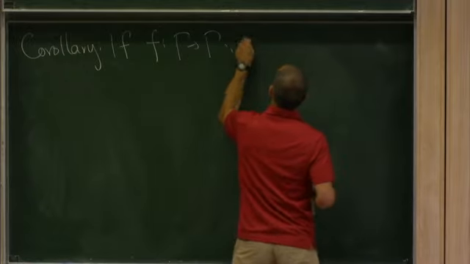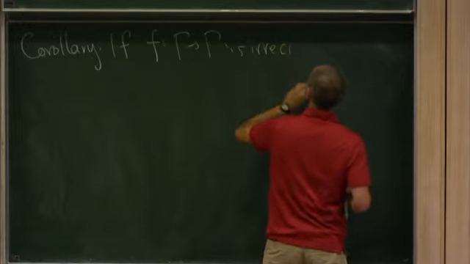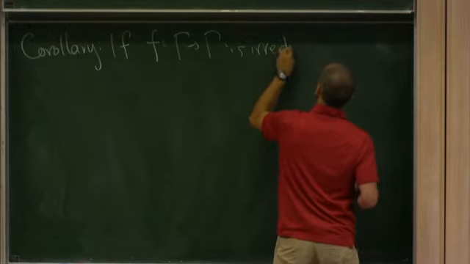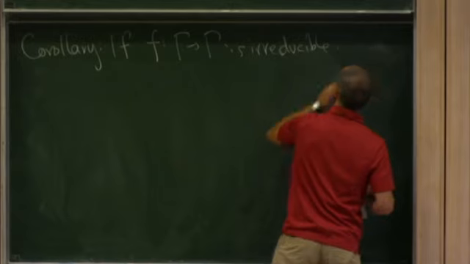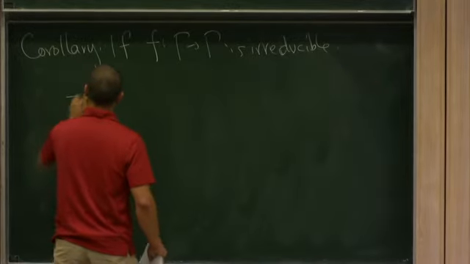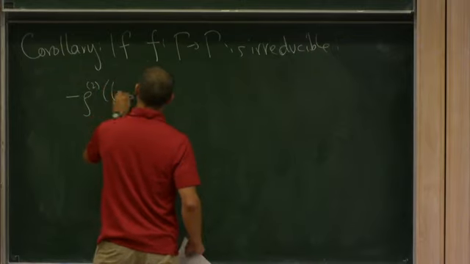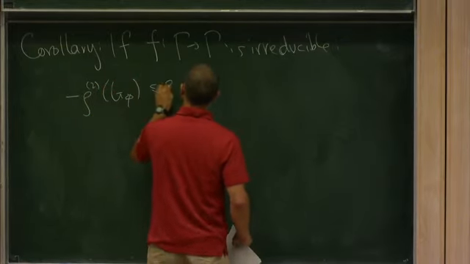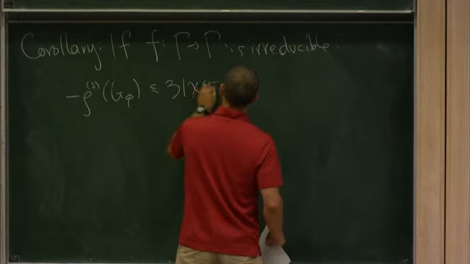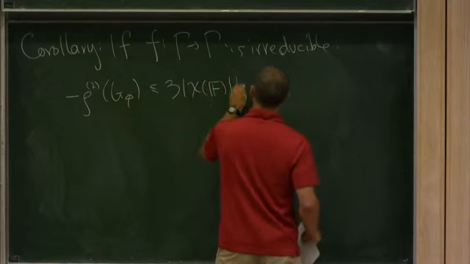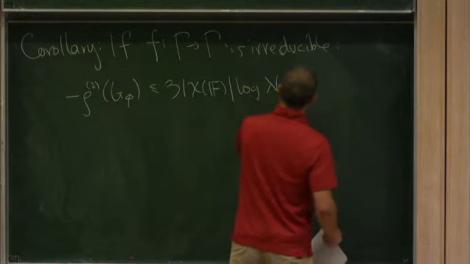So if f is irreducible, then we get that the torsion is bounded by 3 times the Euler characteristic of the free group times log lambda f.